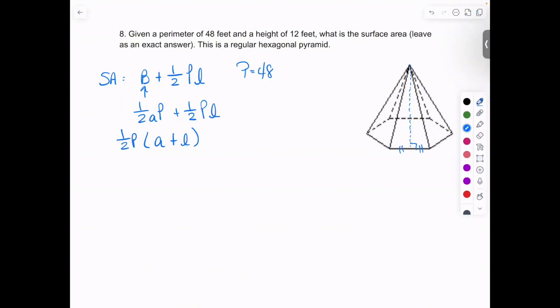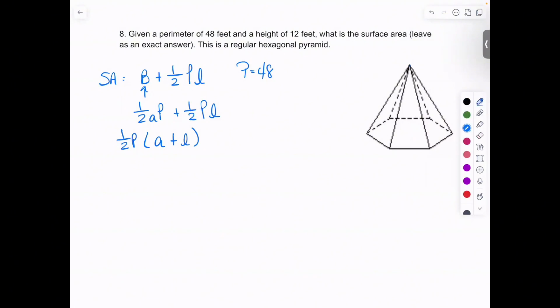And so here's where we need to do a little bit of work. I need to find my apothem of the base hexagon, and I need to find the lateral height. So we need to do some good old trigonometry here. Just to clear up this figure, I'm going to erase that.